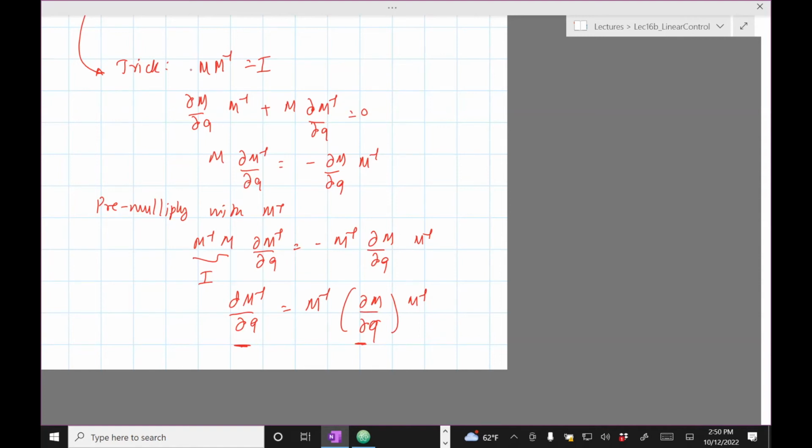But here's the issue, which is M is a matrix. So usually what we have done so far is we have taken dF dQ, for example. F is a vector, and when you take a derivative of a vector with respect to a vector, you get a Jacobian. When you take the derivative of a matrix with respect to a vector, you get a tensor, which will have 3 dimensions, not 2.